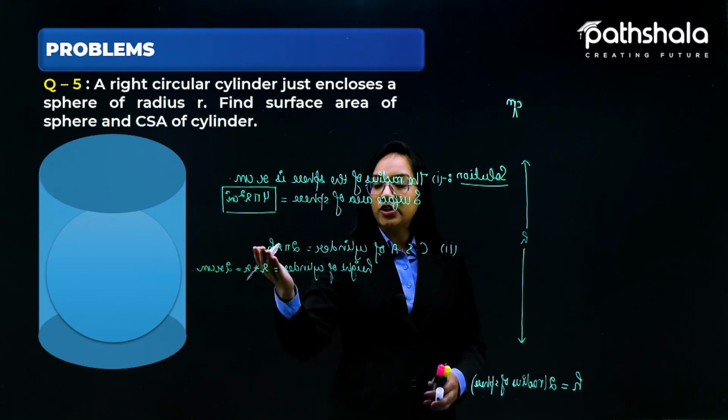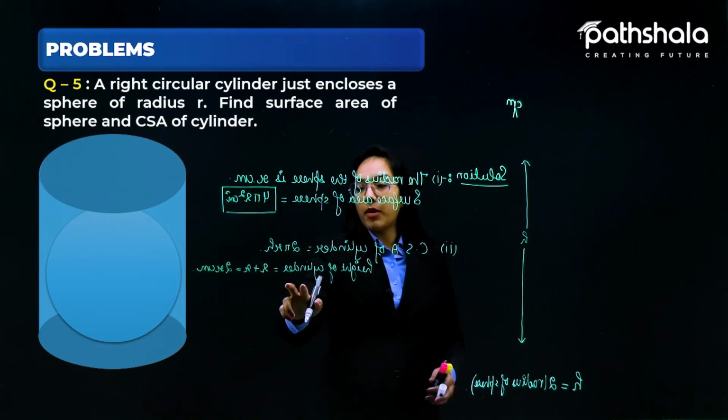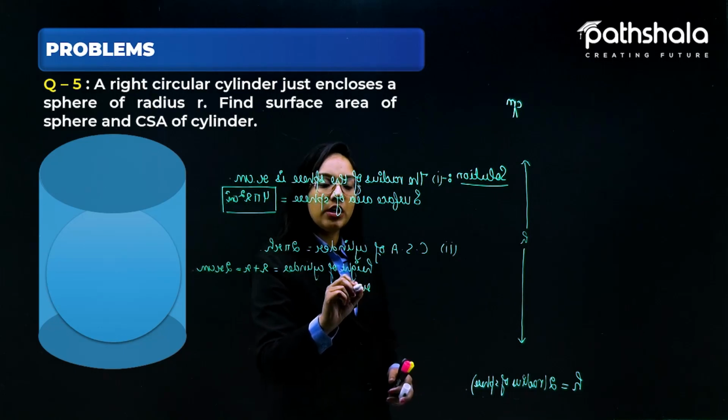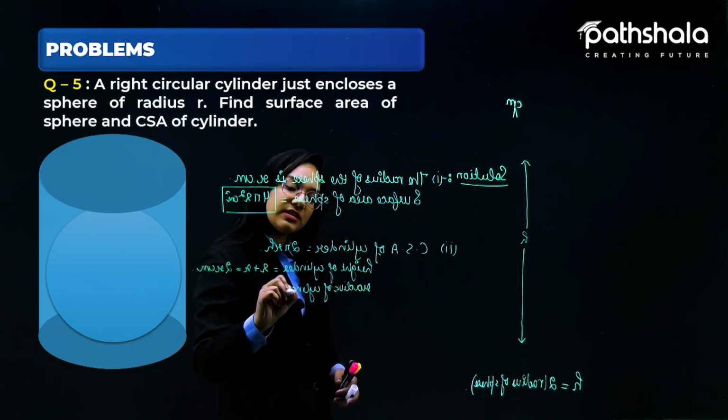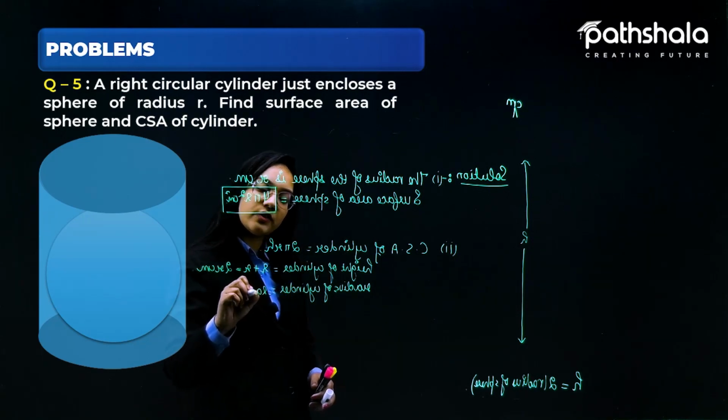Now let's talk about its radius. The radius of the cylinder would be the same as the radius of the sphere.